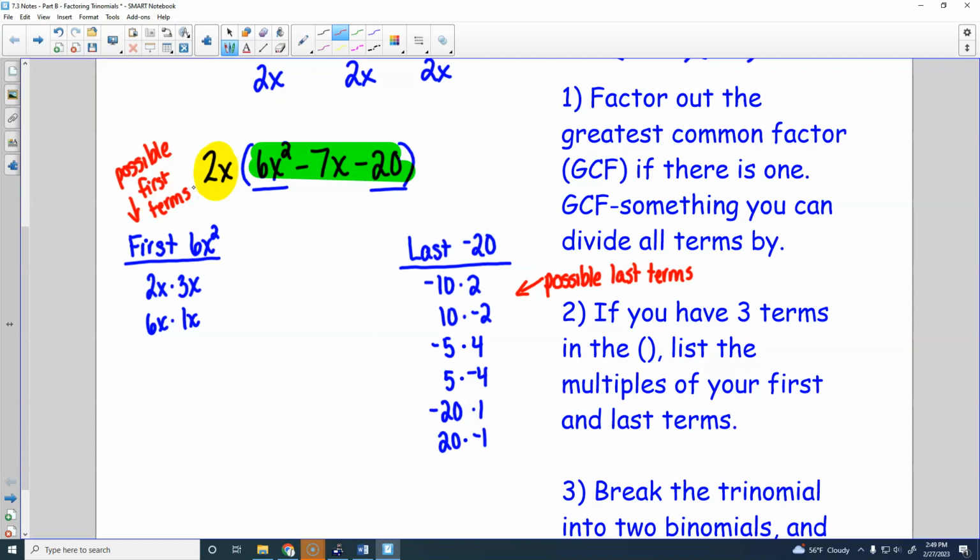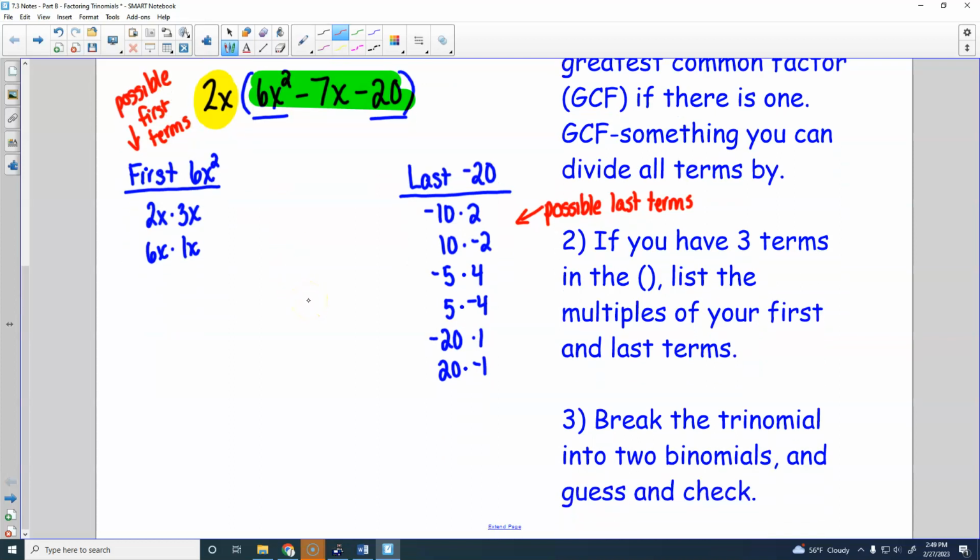And these can be kind of frustrating sometimes because our next step is guess and check. There are not a lot of things anymore that I just tell you to guess and check on, right? But our next step is to guess and check.